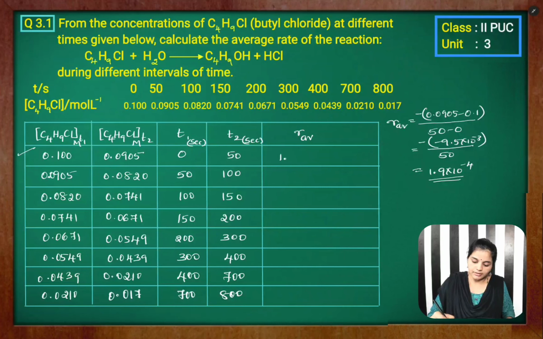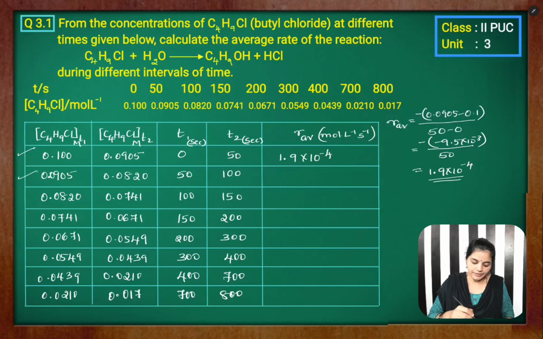So the answer here is 1.9 into 10 to the power minus 4. Now if we come to the unit of average rate, in the numerator we have concentration terms, which is mole per liter, and in the denominator we have time in the unit of seconds. So the unit of average rate is mole per liter per second.